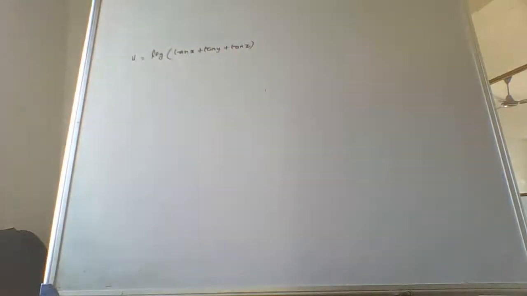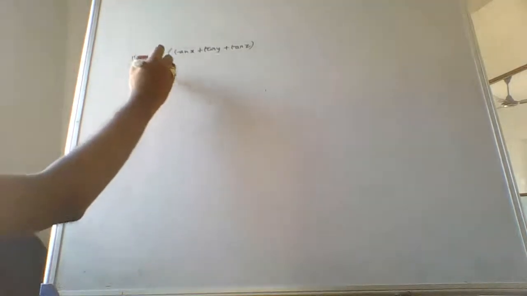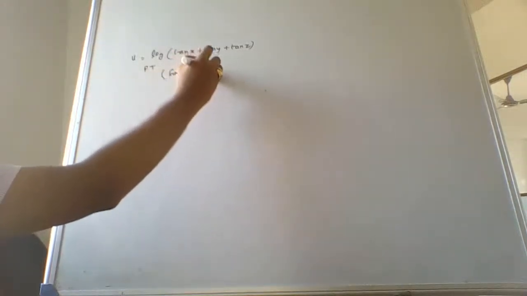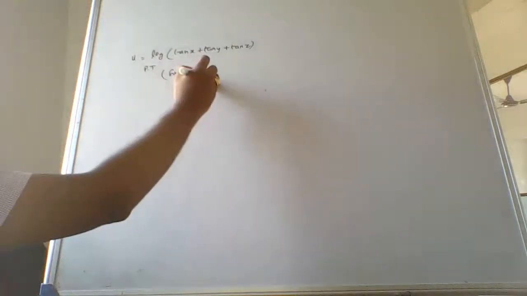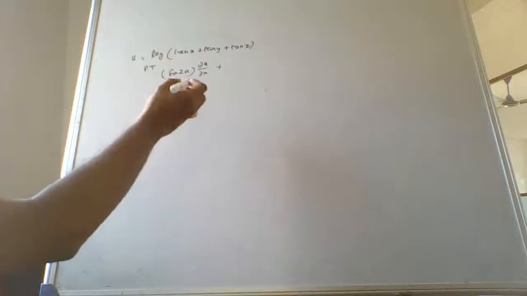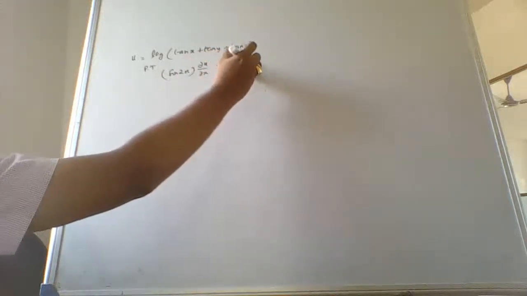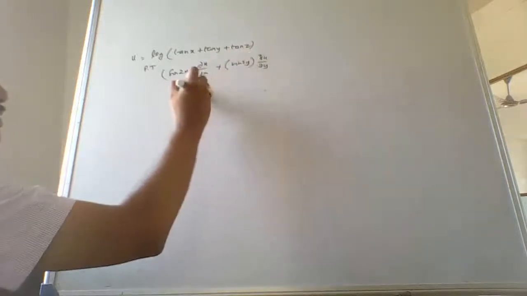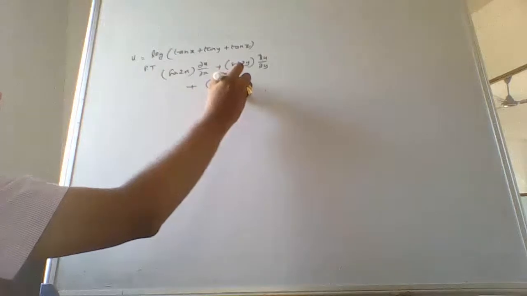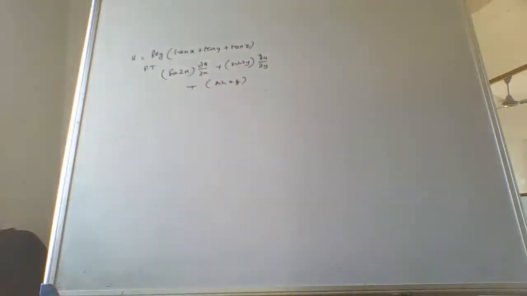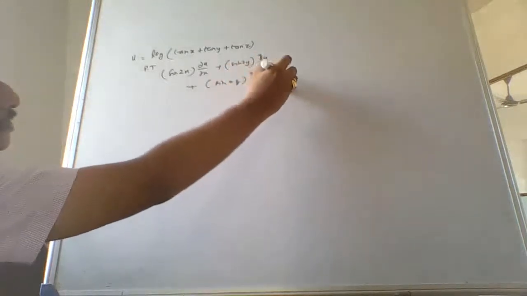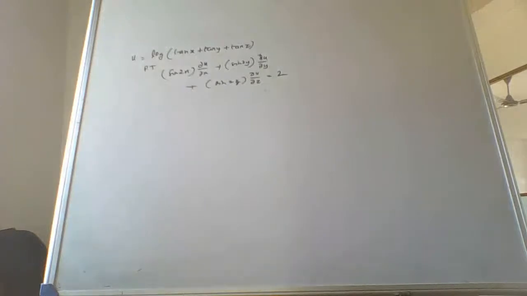You have to prove that sine 2x dou u by dou x plus sine 2y dou u by dou y plus sine 2z dou u by dou z is equal to 2. Let us get this result also here.